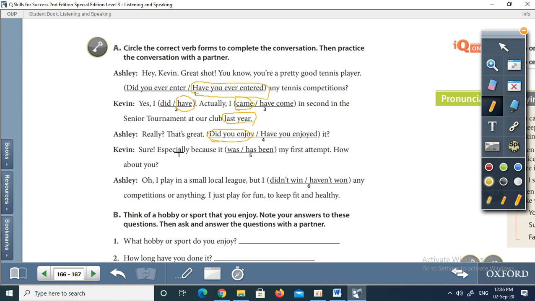Number 5. Sure, especially because it was my first attempt. How about you? Alright. Number 5 is still referring back to what happened last year.